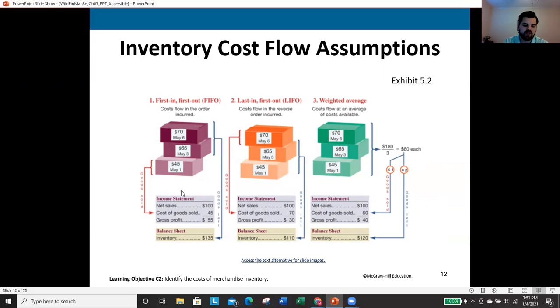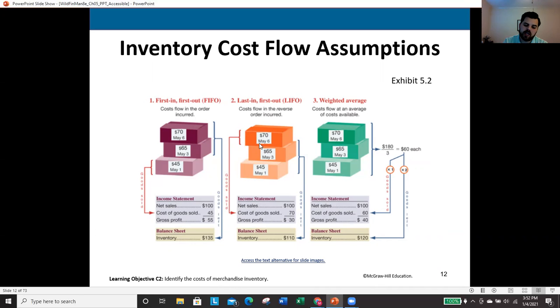Now, comparing FIFO and LIFO, what you will notice is that in this case, prices are increasing over time. When this happens, FIFO will give you a higher level of gross profit and a higher level of ending inventory, as well as a lower level of cost of goods sold. And that is because the goods you are selling are those first goods in that came in at the lower price. Under LIFO, of course, the opposite is true.